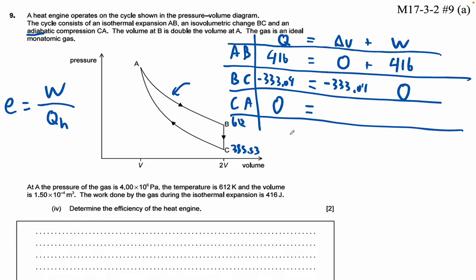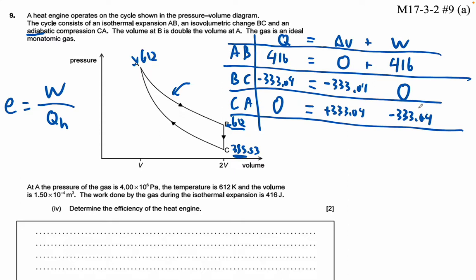Now let's think about this. We know that it goes, therefore, from a temperature of 385 to a temperature of 612. This temperature here is 612 because it's isothermal. So we know, therefore, that the change in internal energy has to be positive 333.04, so the work done has to be negative 333.04.